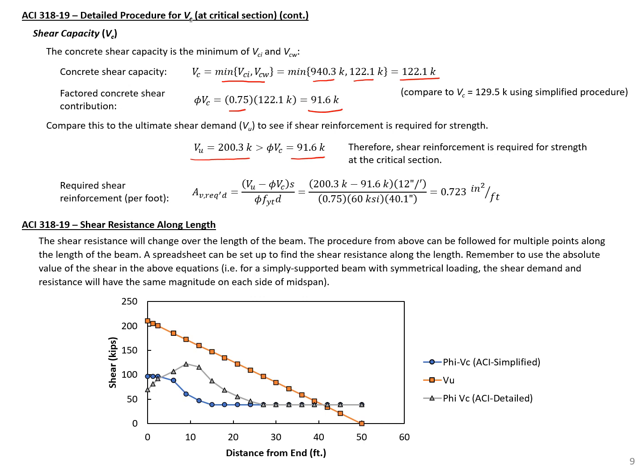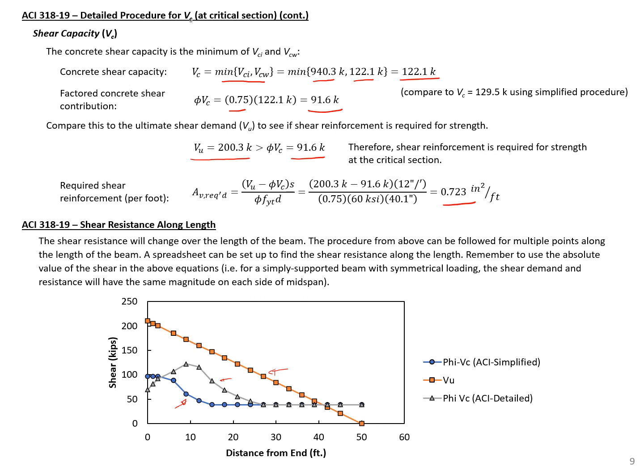We can calculate that using the same equation that we did for the simplified procedure, and we'll find an AV required of 0.723 square inches per foot. You can see here, I plot the shear resistance and shear demand along the length. So you can see in gray we have our detailed, blue we have our simplified, and orange we have our demand.